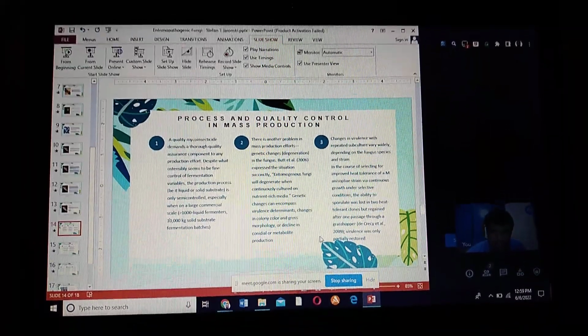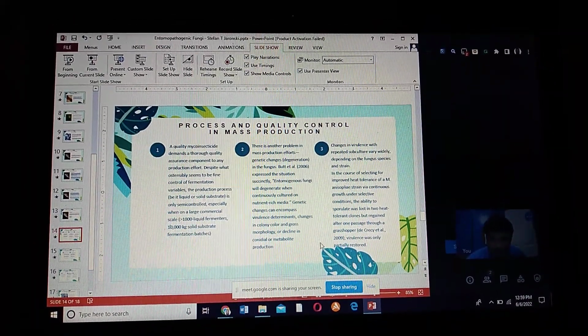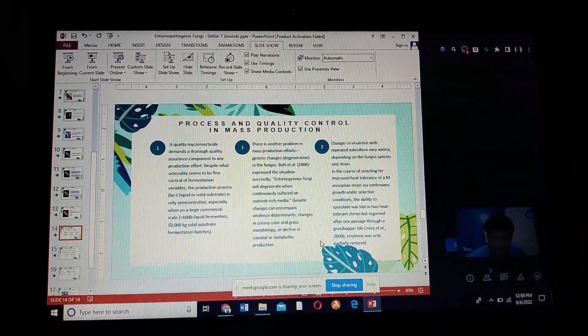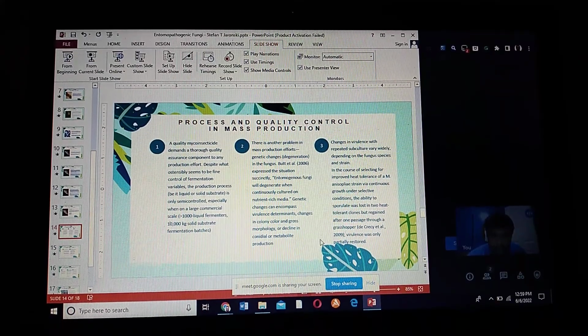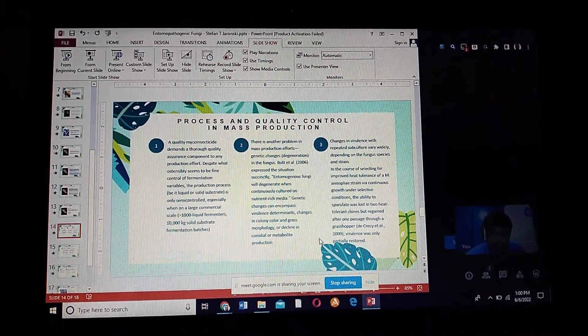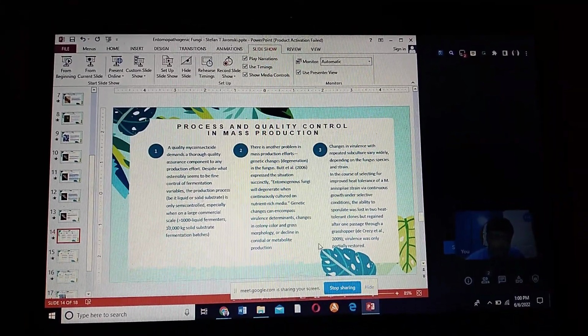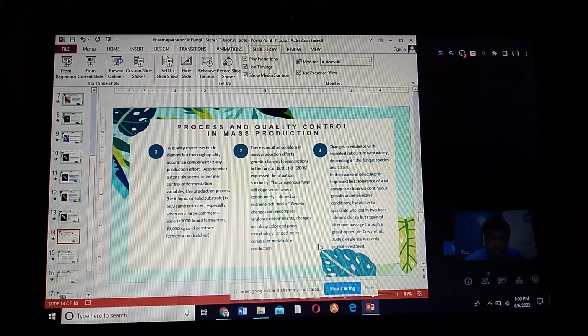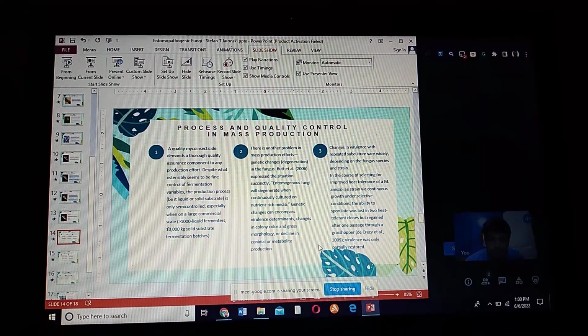Genetics can change and encompass virulence determinants. It also changes colony color and gross morphology, or causes a decline in conidial or metabolite production. Number 3. Changes in virulence with repeated subculture vary widely.